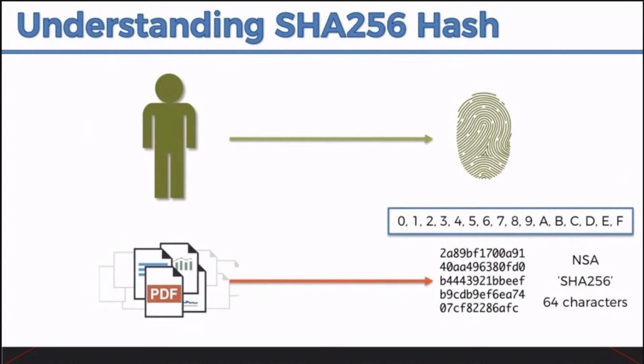Each individual has a unique fingerprint, and similarly the data might be anything: text, audio, video, PDF file, whatever it might be. It is going to generate 64 hexadecimal characters, and each piece of data is going to have a different output.